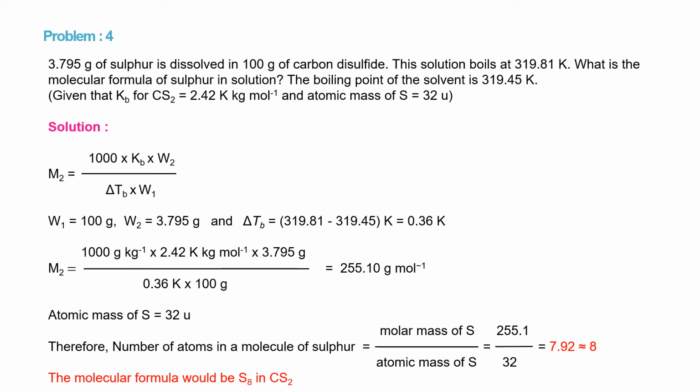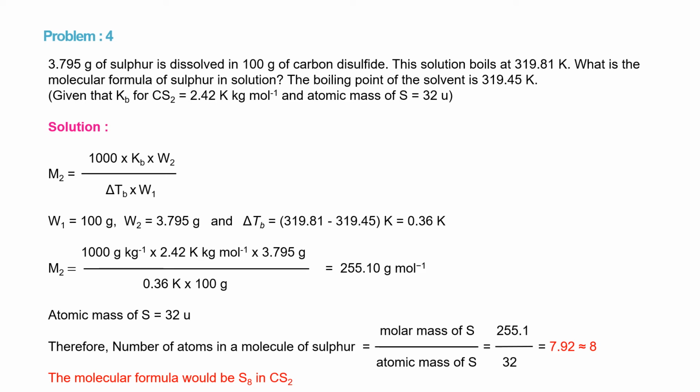It is nothing but TB minus TB naught. So in this case, the delta TB formula that you know is equal to 1000 into Kb into W2 upon W1 into M2.